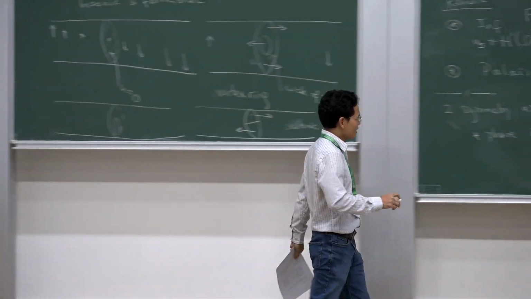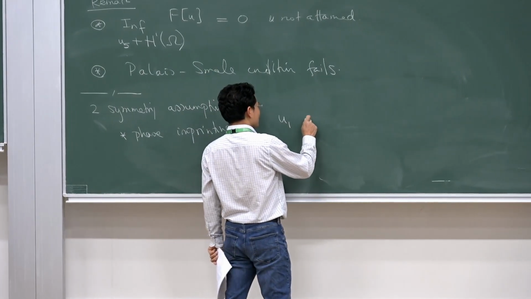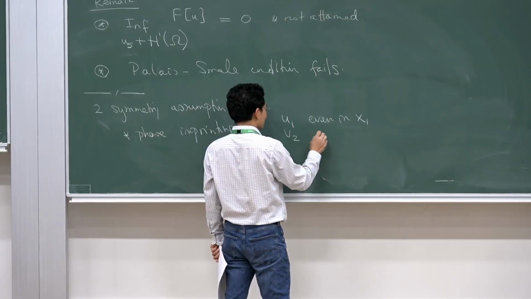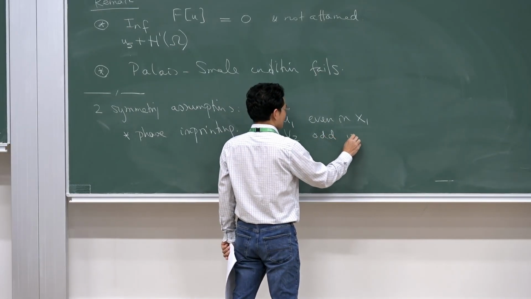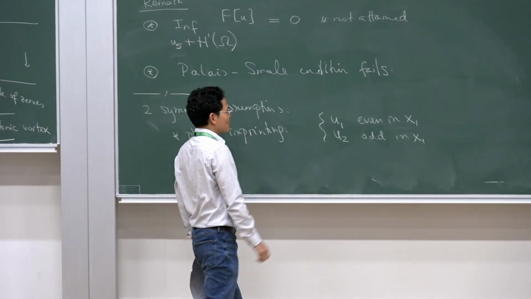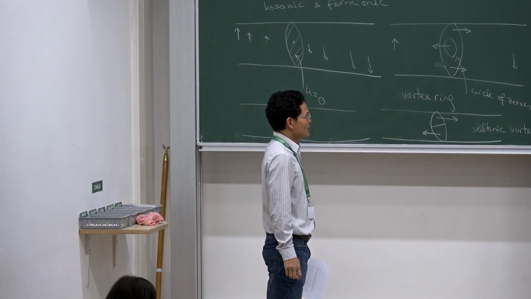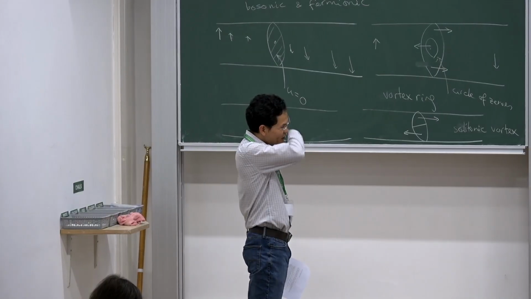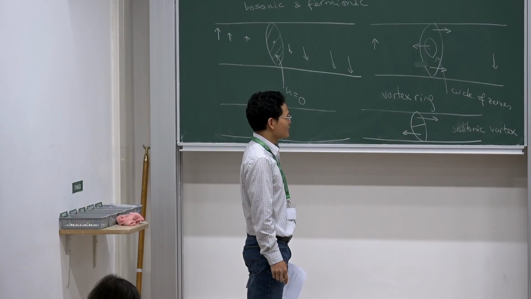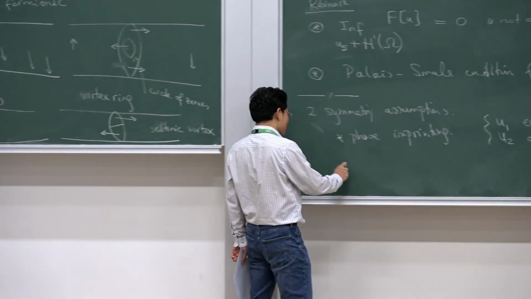That means that U1 is even in x1, and U2 is odd in x1. From a physical point of view, that's not too bad. Physicists like it.